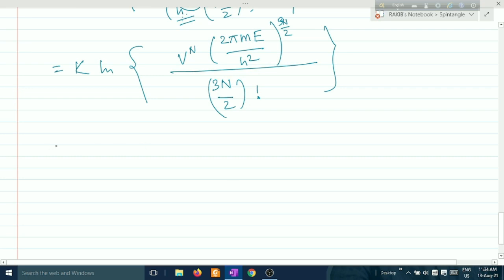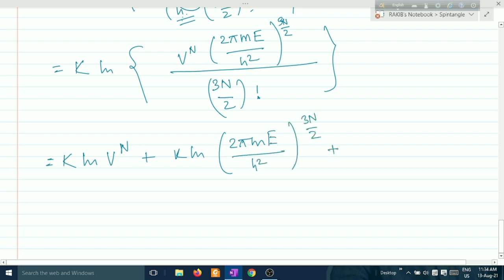Now decompose this. What will it become? k ln V to the power n, plus k ln of 2 pi me by h square to the power 3n by 2, minus k ln 3n by 2 factorial.